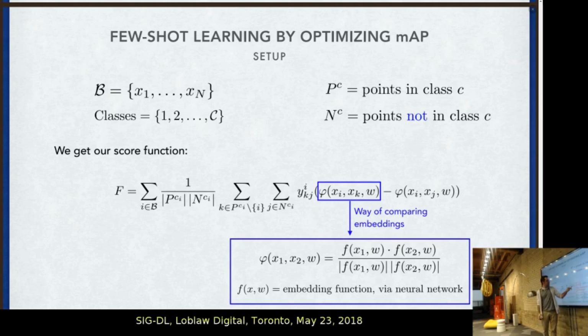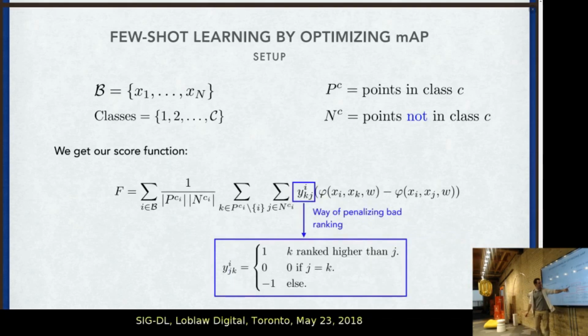So basically this is comparing how close xi is to xk. This here is comparing how close xi is to xj. This difference is saying whether they are ranked in the right order or not. So we need a penalty that says, if they're ranked in the right order, be 1. If they're ranked in the wrong order, it's -1, so you get a penalty.